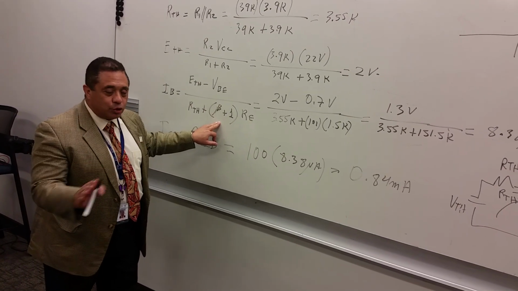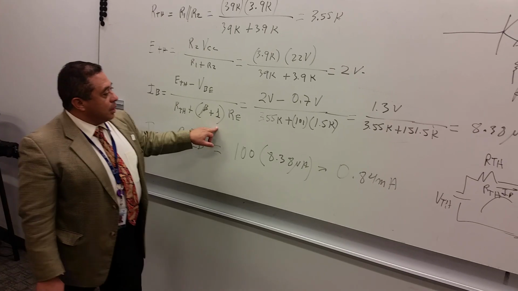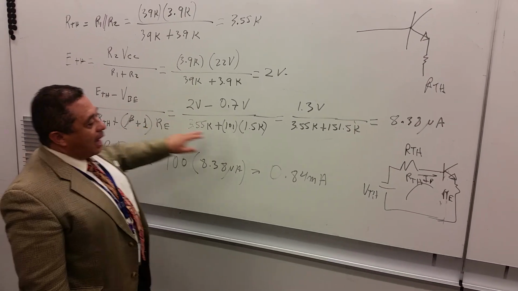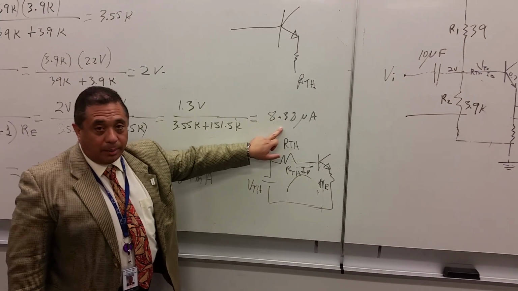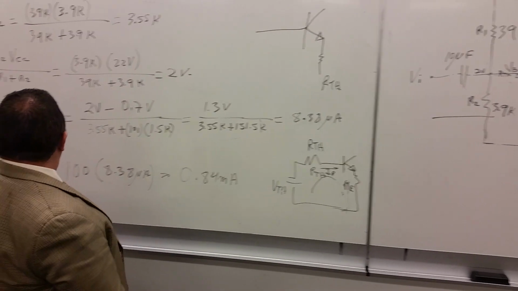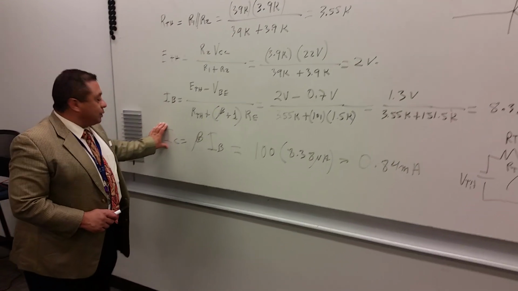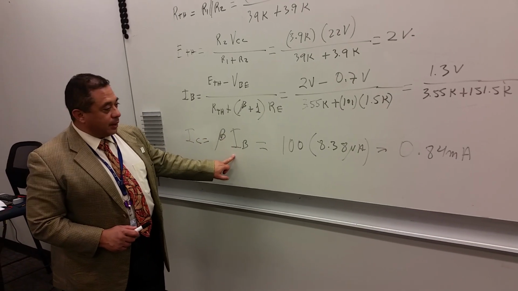This is something you just take like that. Once we find this, we substitute the values and we calculate that IB is equal to 8.38 microamps.